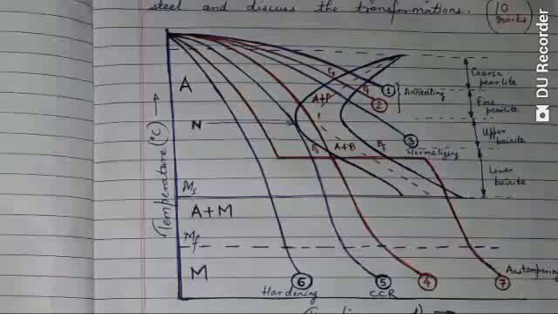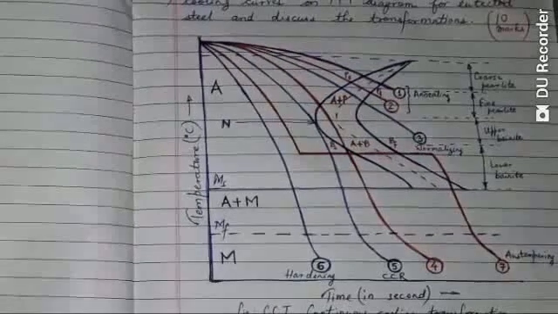So at this particular temperature or rate it is cooled, then we have the perlite, which is coarse perlite and fine perlite, and then we have this normalizing, and then the curve number 4, which is missing the nose and going to the right side of the nose, and then the curve number 5, which is the CCR, that is critical cooling rate.